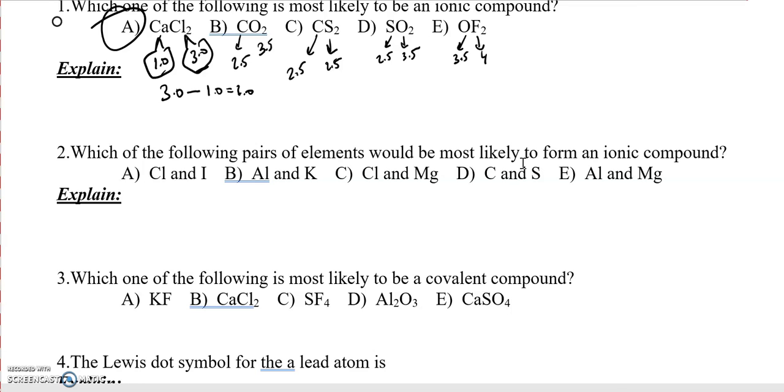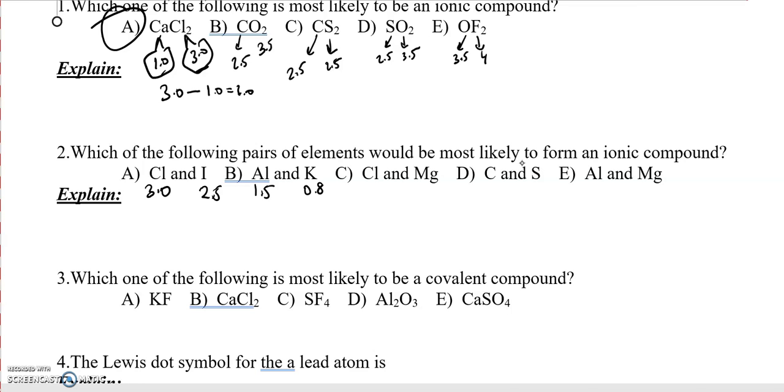Question 2: which of the following pairs of elements will be most likely to form an ionic compound? Same kind of question. We are looking for two elements where the difference is more than 2. Chlorine's electronegativity is 3.0 and iodine is 2.5, so the difference cannot be 2 or more. Aluminum is 1.5 and potassium is 0.8, so the difference cannot be 2.